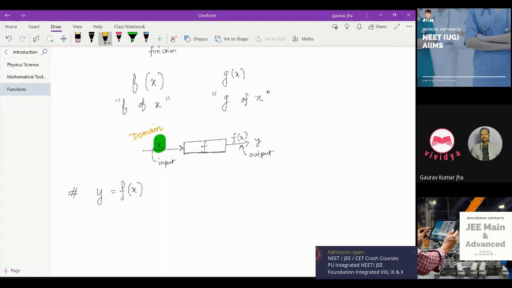And because y is dependent on x, I'm just increasing the vocabulary right now. It will become clear, just wait for a while. All the possible values of x are called the domain, and all the possible values of y, because of whatever value of x you put, are called the range of the function.